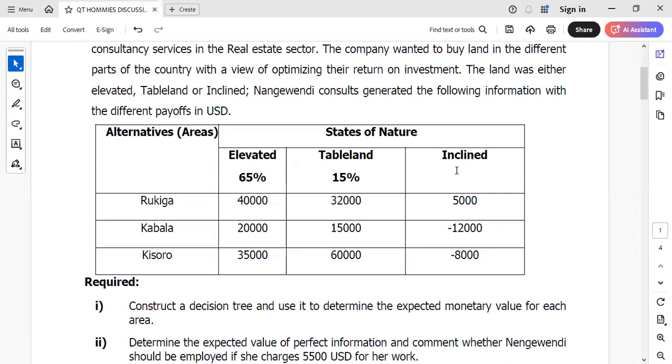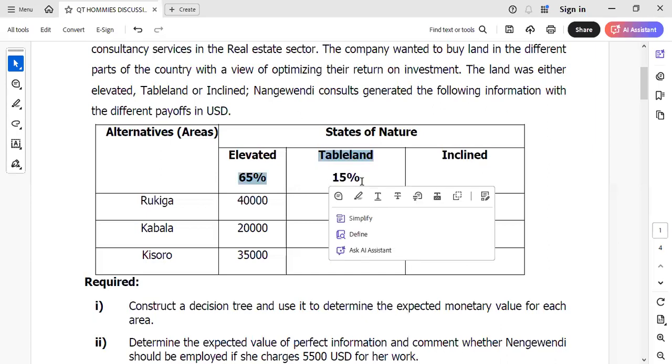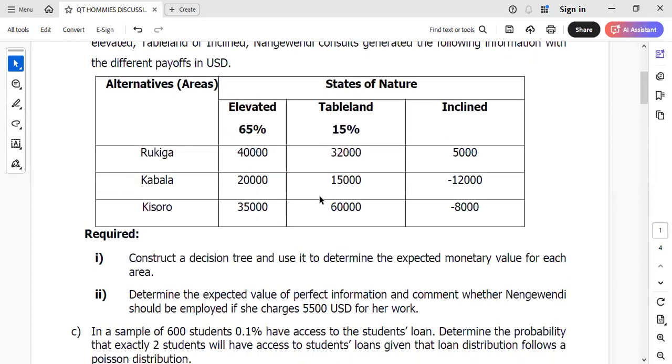Now, you don't have the percentage for inclined, but you can get it. The percentages must add up to 100%, so if you add these and you don't get 100, you know the remaining percentage is the percentage for inclined.